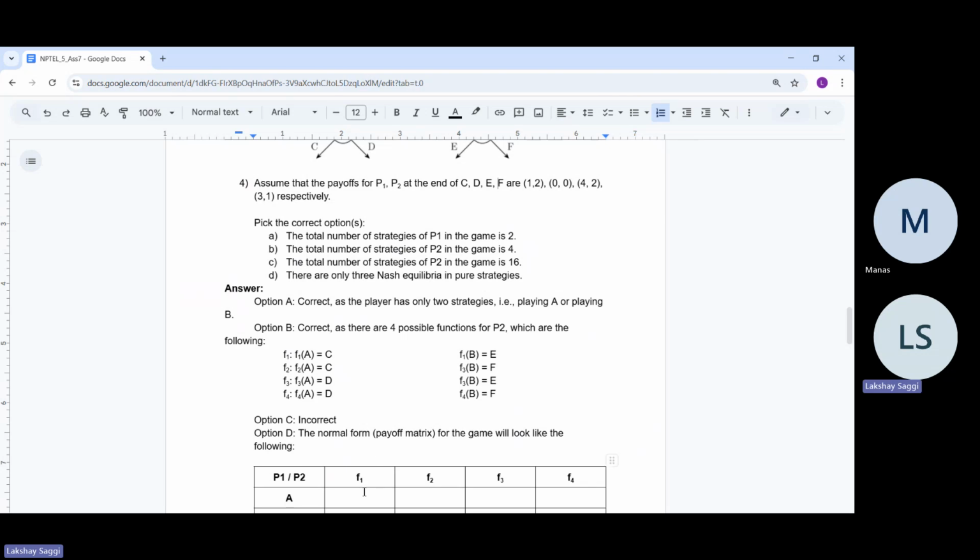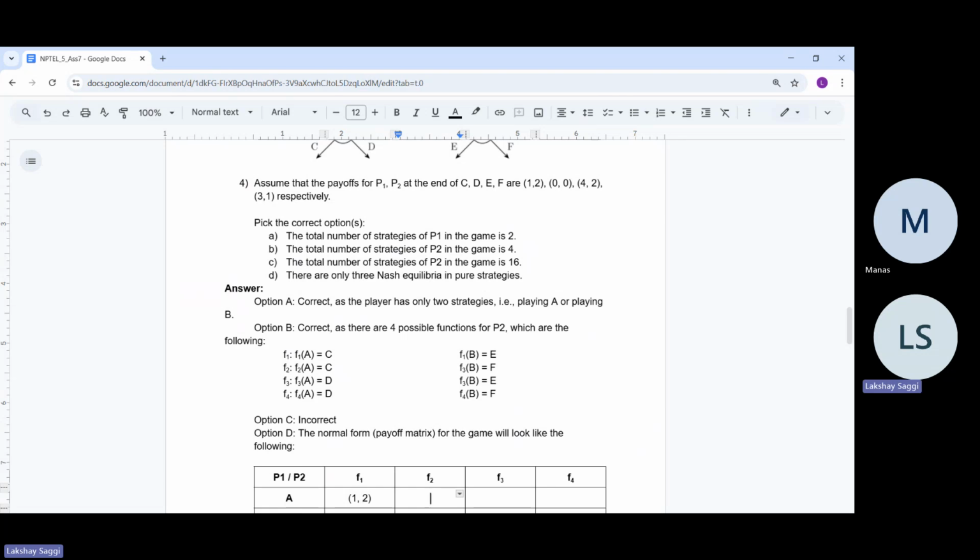So for player one, if player one decides to play A and player two decides to play F1, then F1 of A, the outcome will actually be equal to C, because player one will actually be playing C. And the outcome corresponding to C gives the payoffs of 1, comma 2. So the payoff for the two players, row comma column player, is 1, comma 2 here.